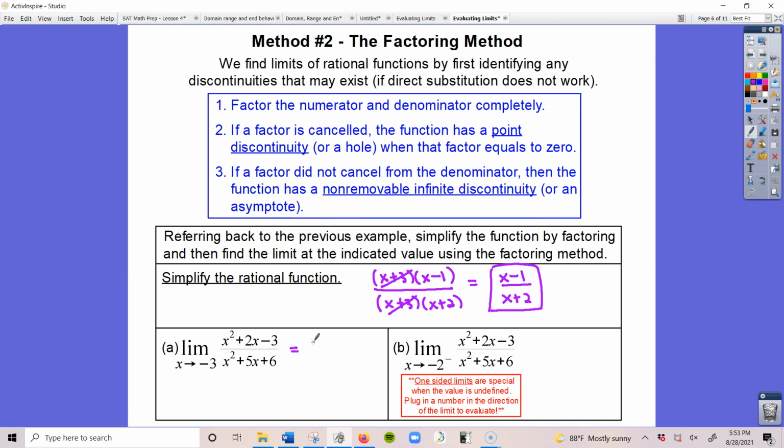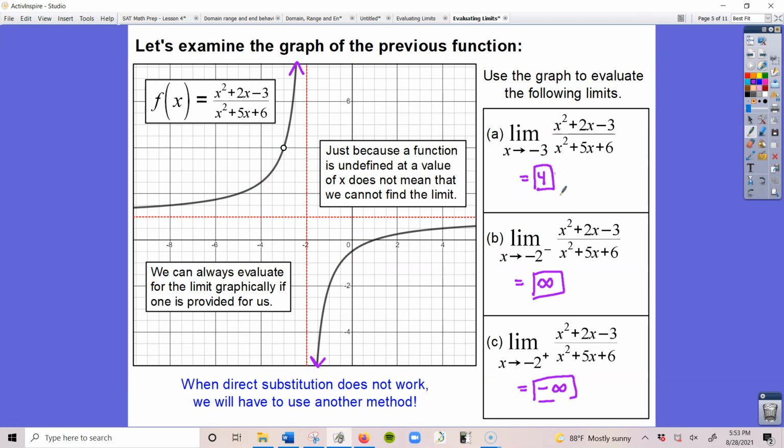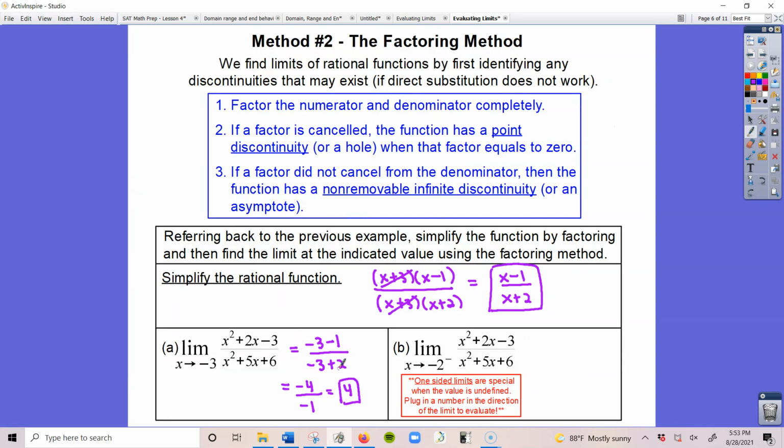So this would give me negative 3 minus 1 over negative 3 plus 2. Negative 3 minus 1 is equal to negative 4 over negative 1, which gives me the final answer of 4. And if we compare with the previous slide, we see that that limit is equal to 4. So that's the way that you would find that analytically.